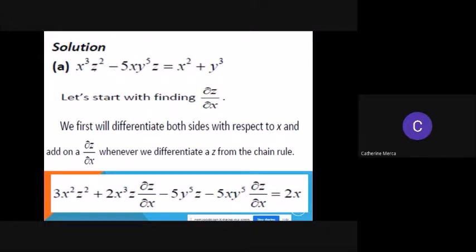So, 3x squared, derivative niya, z squared. 3x squared, dx, tapos you will have your z squared, minus 5xy to the 4th z.